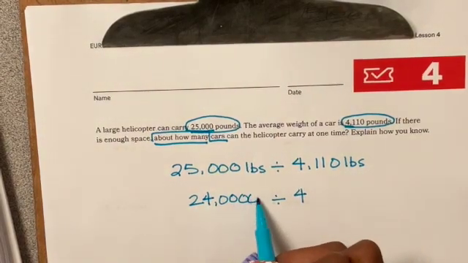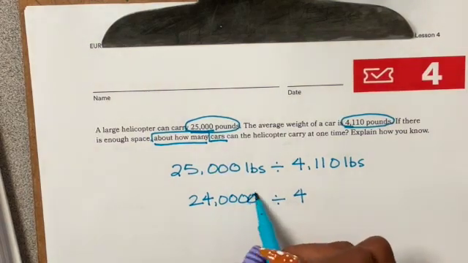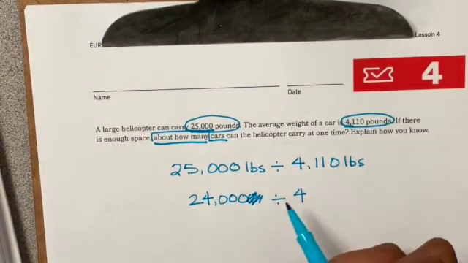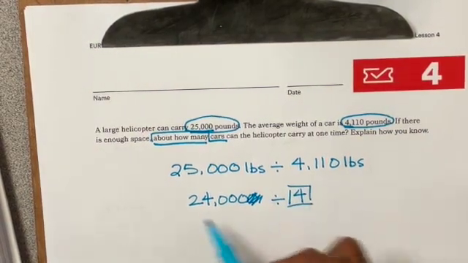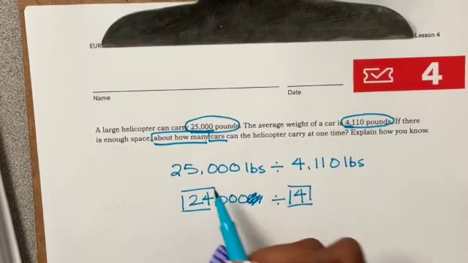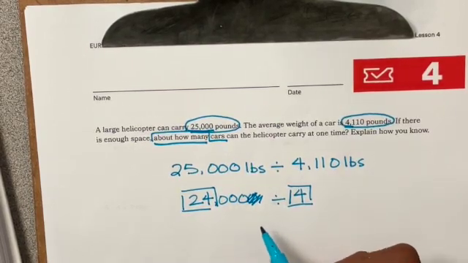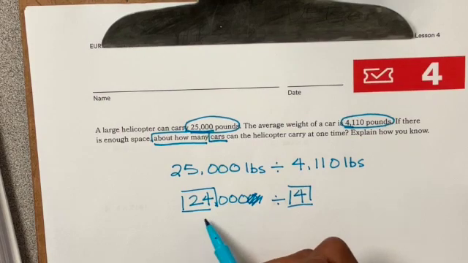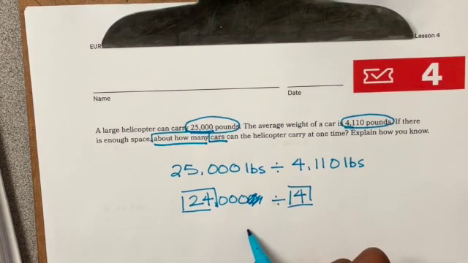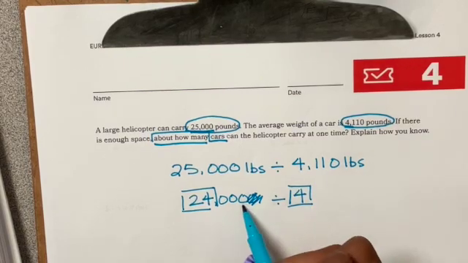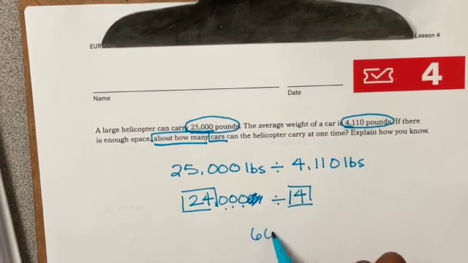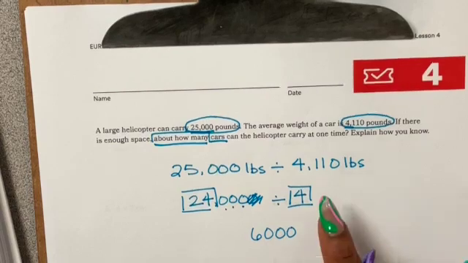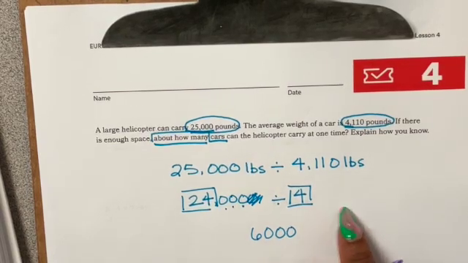24,000. Oh, too many zeros. Ignore that. So, I know that 24 divided by 4 is 6, right? 24 divided by 4 is 6. So I have 6. And then I have how many zeros left? 3. I didn't have to take any zeros away because there were no zeros over here.